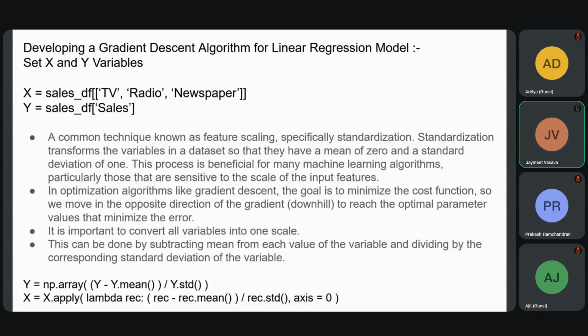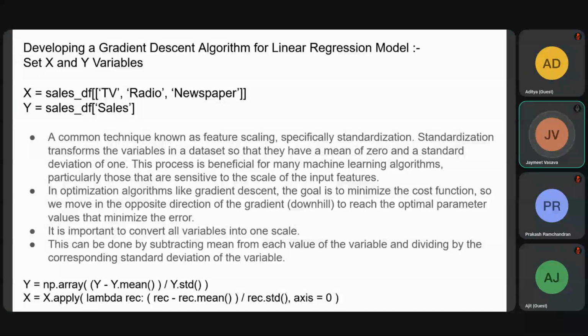Before we start working with the X and Y variables that we have already defined, some comments regarding the process that is being done for this. A common technique known as feature scaling, specifically standardization. Standardization transforms the variables in a data set so that they have a mean of 0 and a standard deviation of 1.